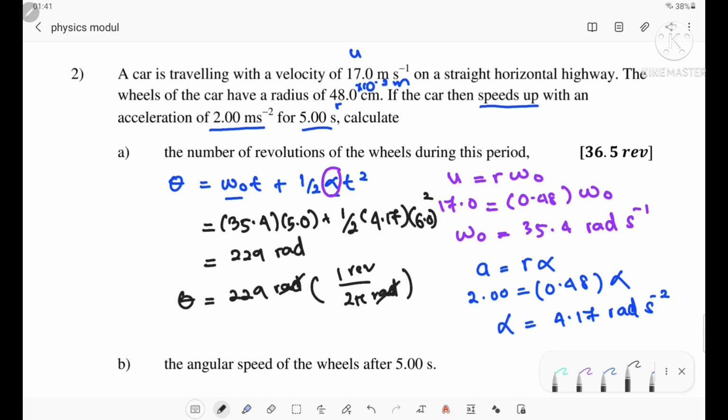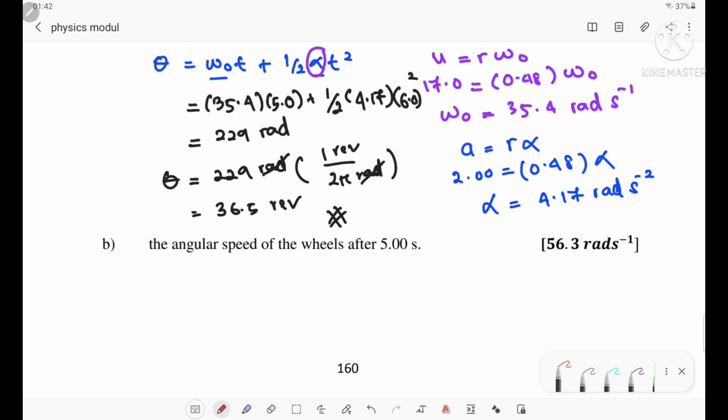So radian we can cancel out, and then we have 36.5 revolutions. So this is the answer for question A, 36.5 revolutions.